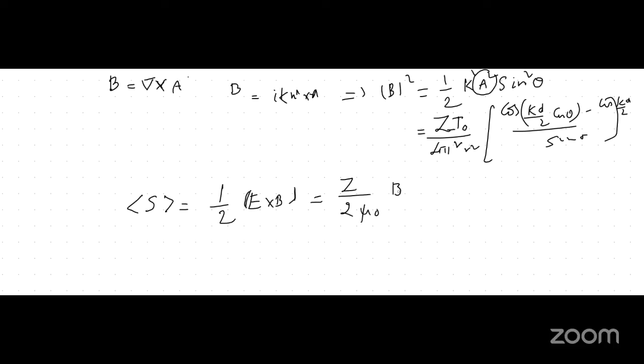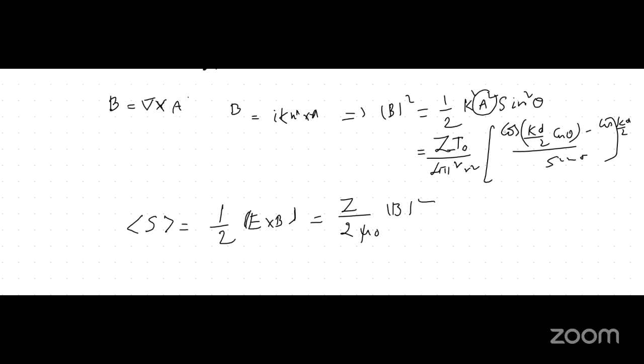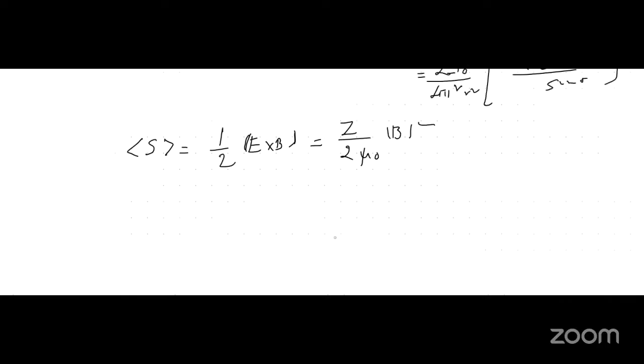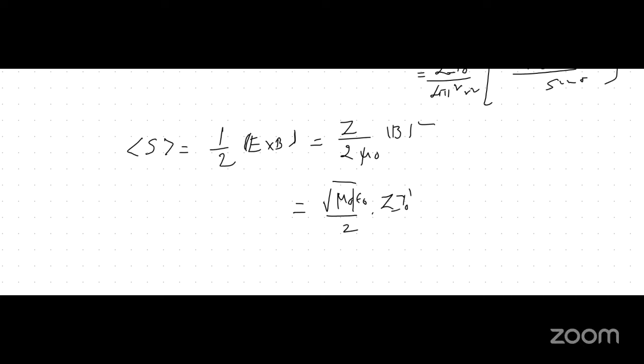If you substitute the B value from the previous equation, you'll get the square root of mu naught by epsilon naught by 2 into z I naught square by 4 pi square r square, times the mod of the entire value, cos of kd by 2 cos theta minus cos of kd by 2, whole square, with sine theta in the denominator.